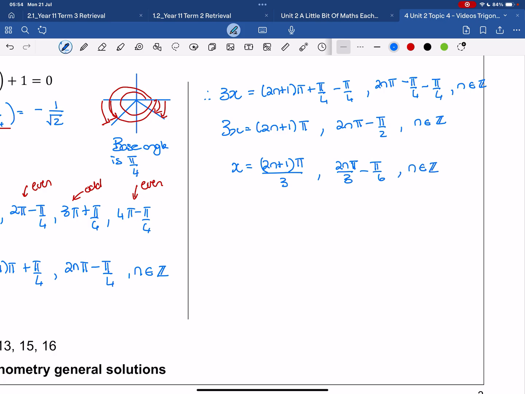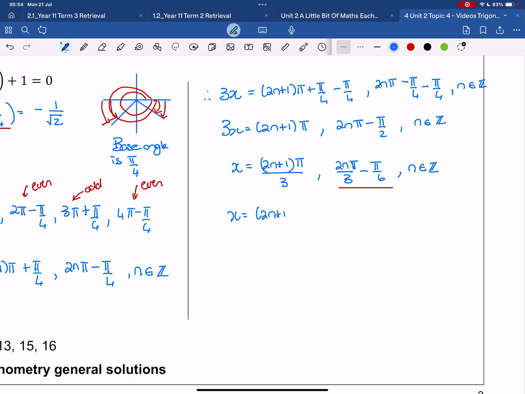is an integer, and we can make that a single, this one here, the second one, we can combine those two fractions just to tidy it up a little bit.